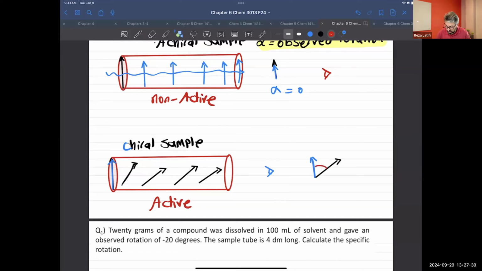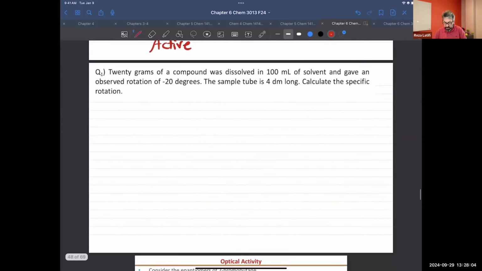This is going to be the alpha. The observed one is anything other than 0. Alpha can be positive or negative. If it's positive, we say it's turning the light to the right side, or clockwise. And negative will be counterclockwise.